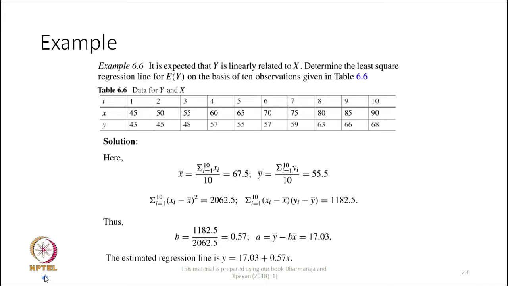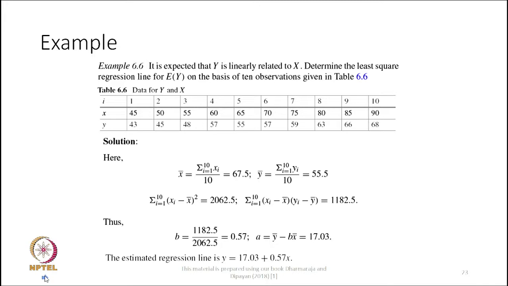Based on the data, you can get the sample mean of x and sample mean of y. Then you can get S x y and S x x. Then you can get the estimates, that is beta naught cap and beta 1 cap. Therefore, the estimated regression line is y equal to beta naught cap plus beta 1 cap x.